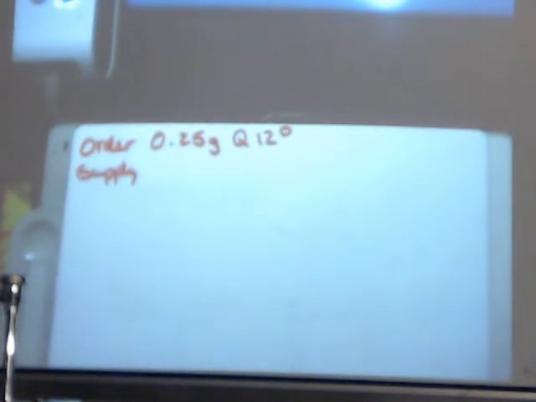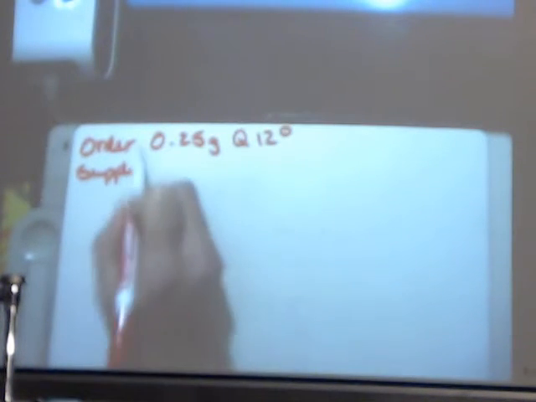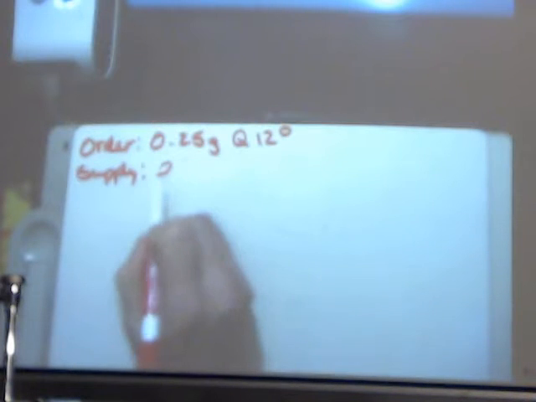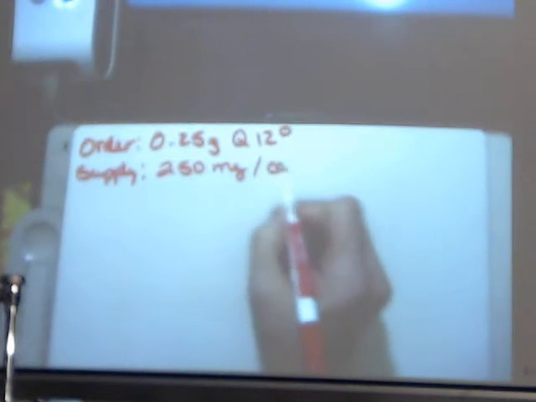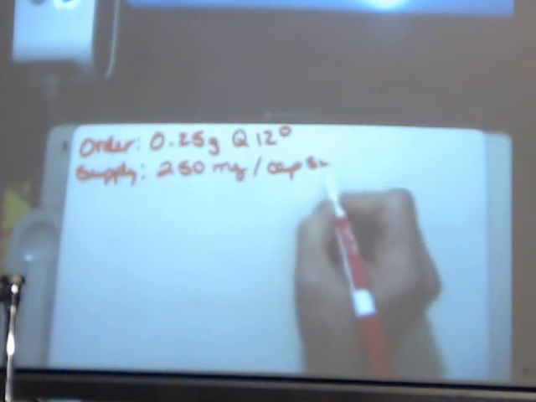For acne, the dose of the medication on hand, so that is your supply, is 250 milligrams per capsule. So what you have is 250 milligrams per capsule. Okay? So here's what we do. Our order is always first.